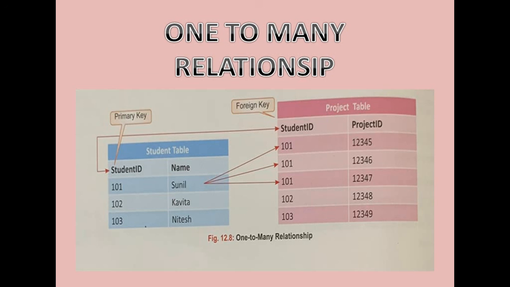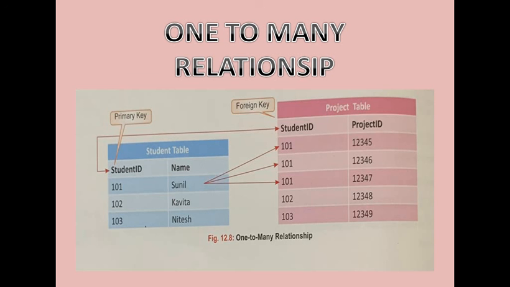Two students cannot have the same student ID. Sunil has 101, Kavita has 102, and Nitesh has 103. Sunil can submit more than one project, Kavita also can do the same, and Nitesh also can do the same.